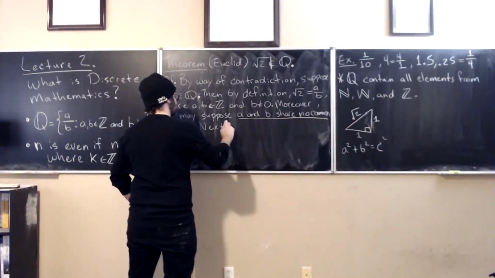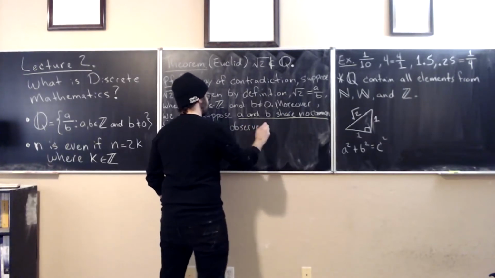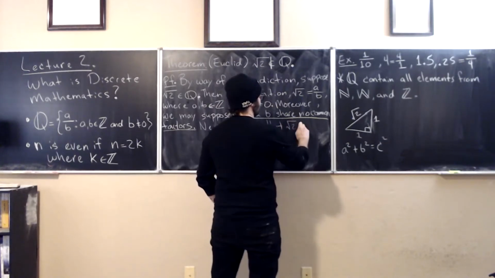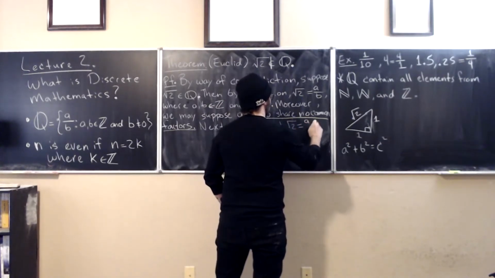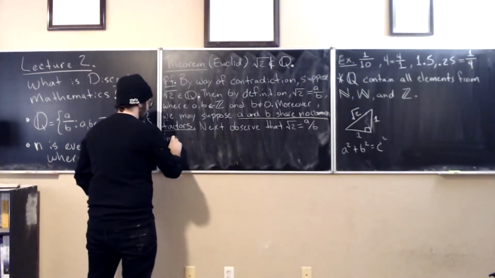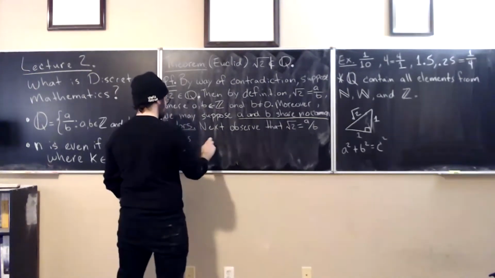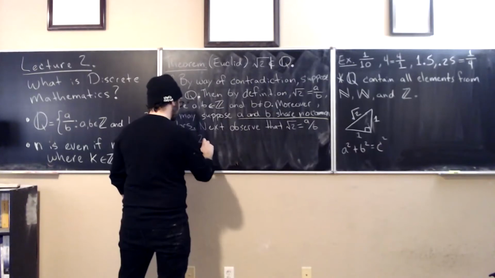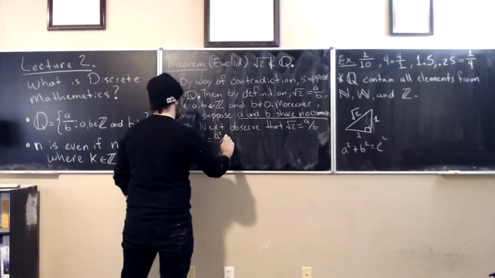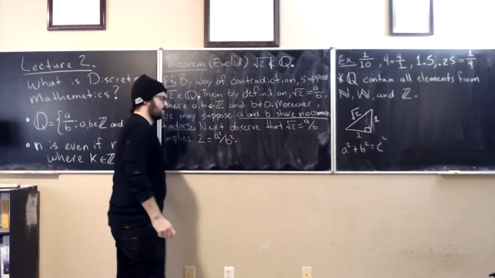Next, observe that square root of 2 equals a over b implies that 2 is equal to a squared over b squared, right?